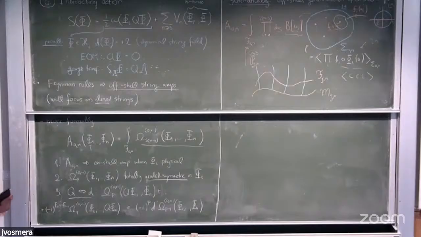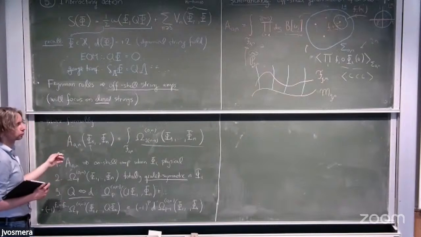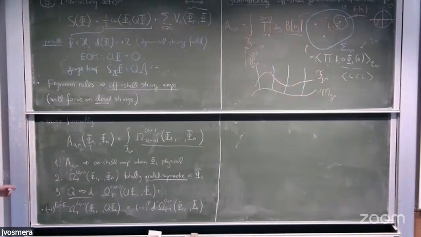And whatever observable we compute with string field theory, if the observable is to be associated with an on-shell amplitude, that needs to match with whatever prediction we have from the worldsheet, right? So that's the logic.